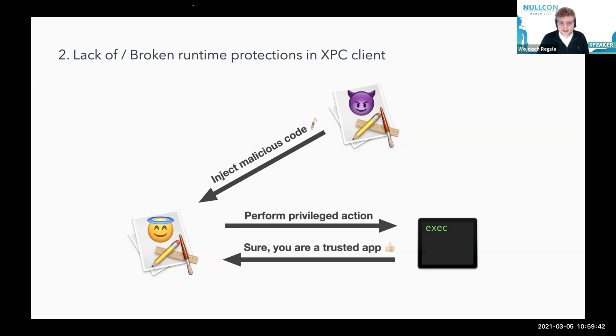So the technique here is to inject a malicious code to the completely legit XPC client running as a user that will call the remote methods on the server. The server will perform the cryptographic validation. It will of course succeed, because it's a trusted client. And again, the privileged method will be called for us.